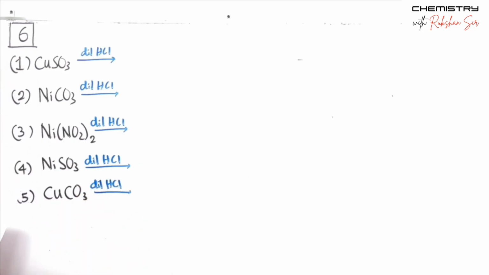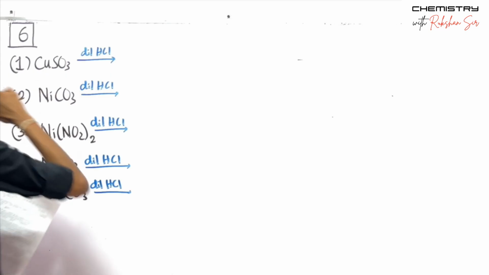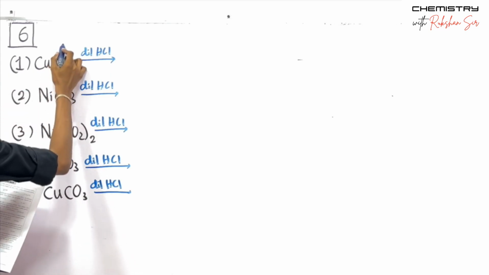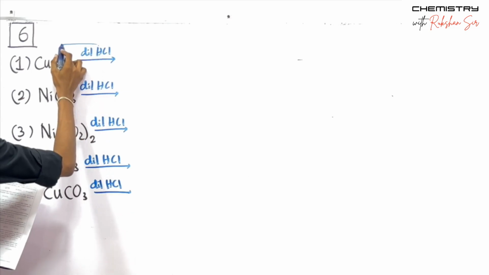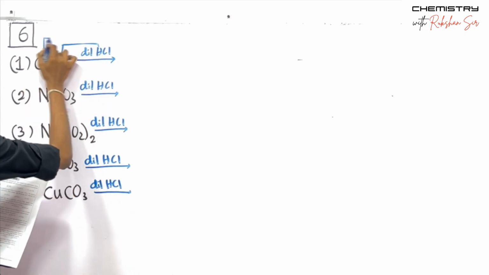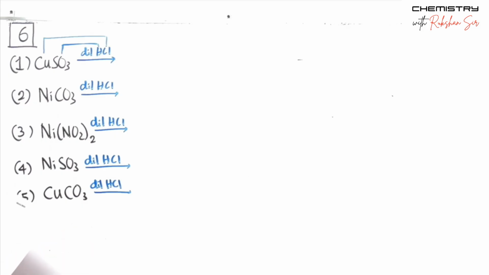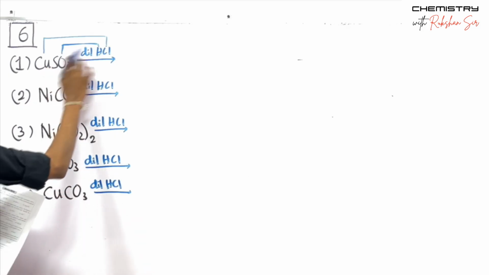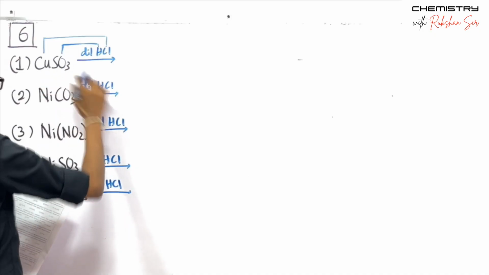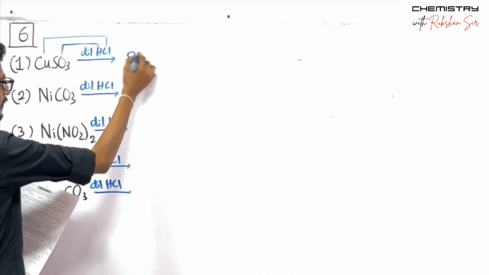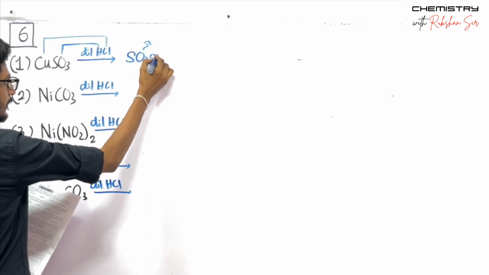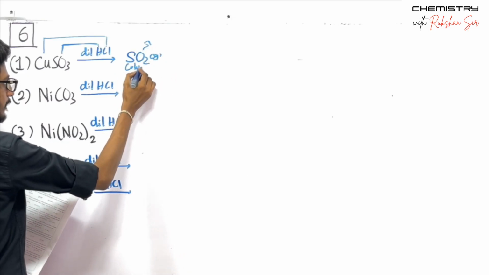See what will happen? With copper sulfite, this is how the gas is produced: H plus connects with the anion, this is how the gas is produced. And the metal with the Cl minus will form the solution or the salt. It could appear as a salt or a precipitate, right? The gas released with H plus and SO3 2 minus will be SO2 gas, colorless.